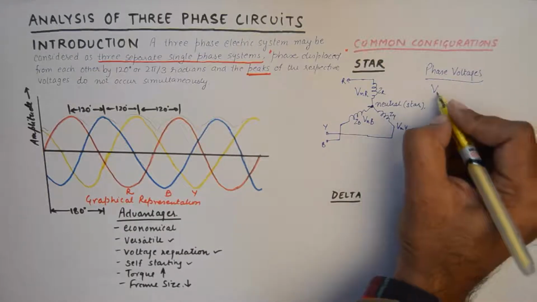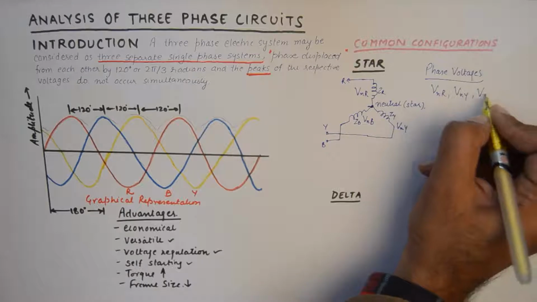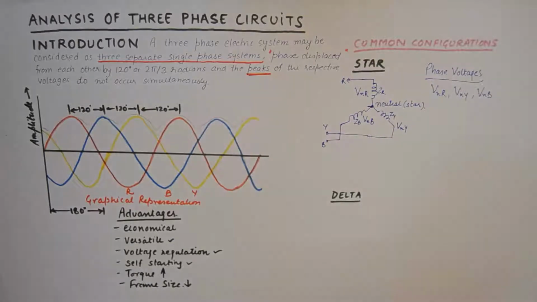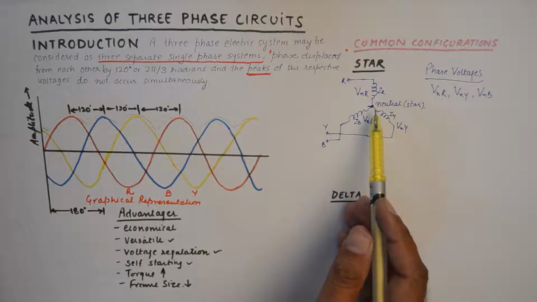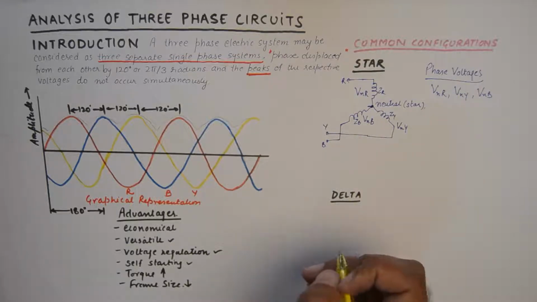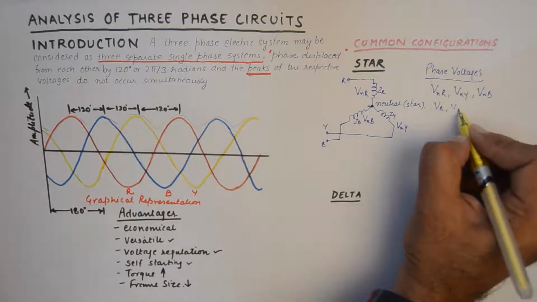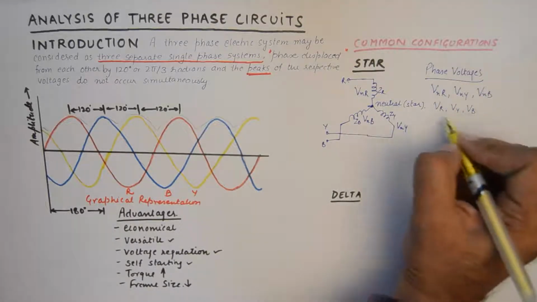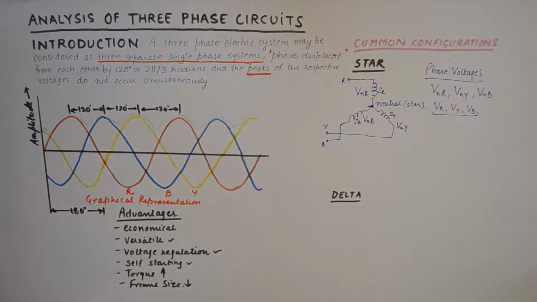So I'll say VNR, VNY and VNB are phase voltages. The reason is pretty simple: all these voltages are connected to the same grounded neutral or the star point. So they can simply be termed VR, VY and VB. In most of the books, if you see this nomenclature, it refers to the phase voltages.